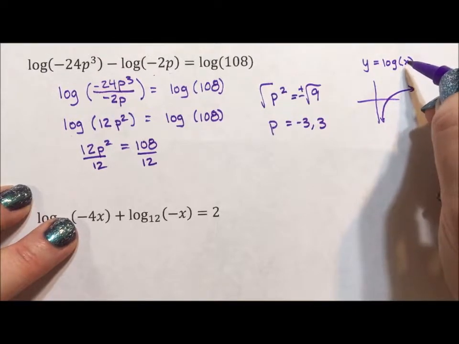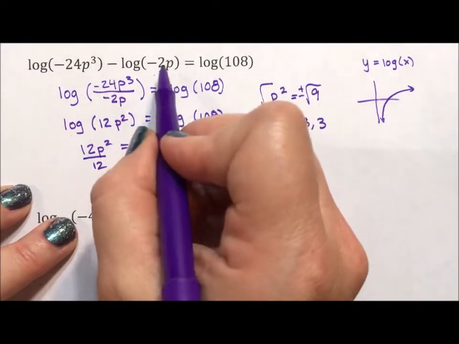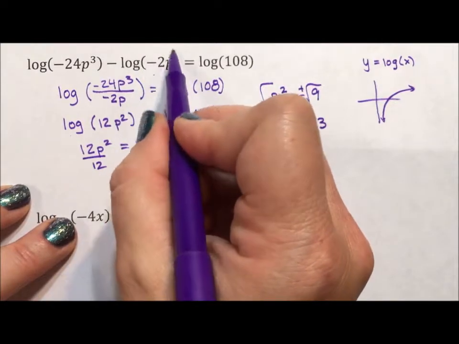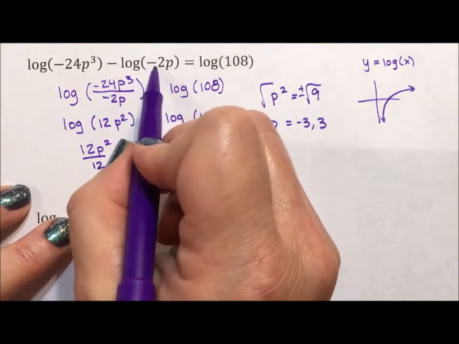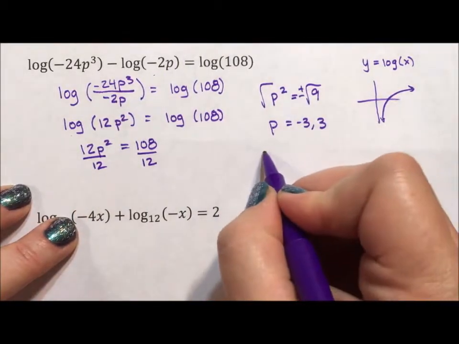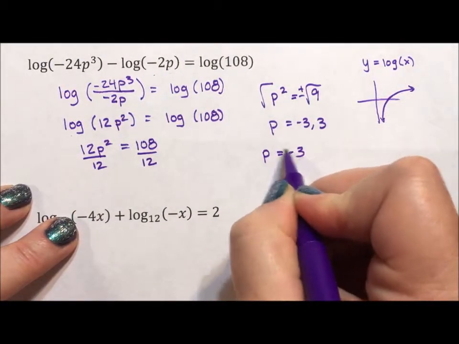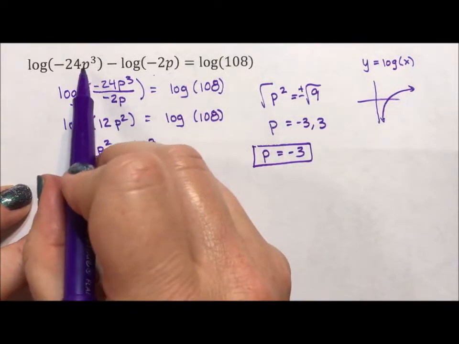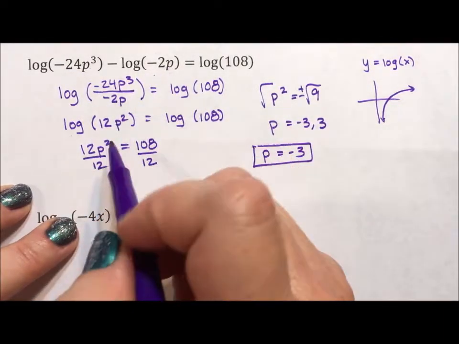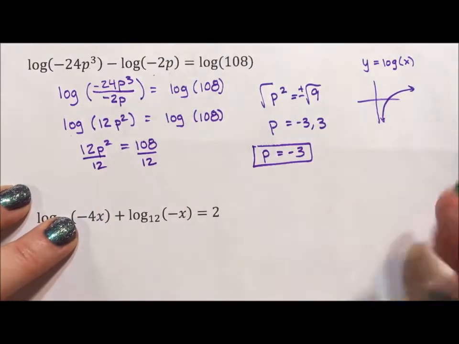Try it on your calculator, you'll get an error. So what ends up being in this argument has to be positive. Well, to make negative 2p positive, the only answer is the negative 3. We cannot have the answer of positive 3 because this would be a negative, this would be a negative, and neither of them would actually work.